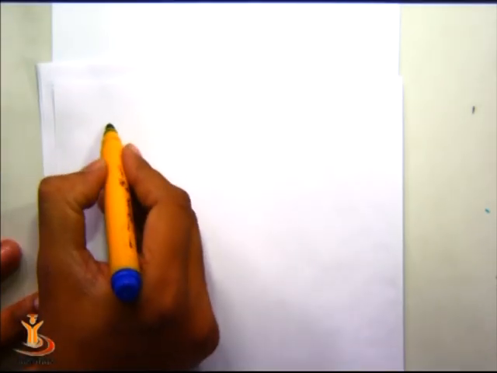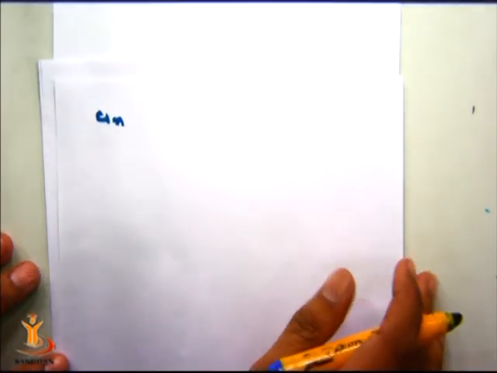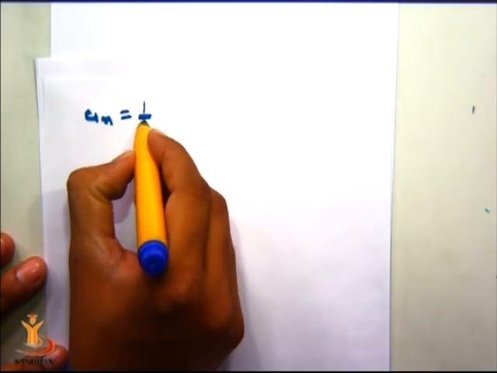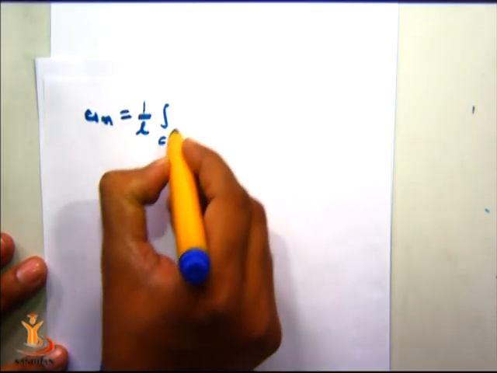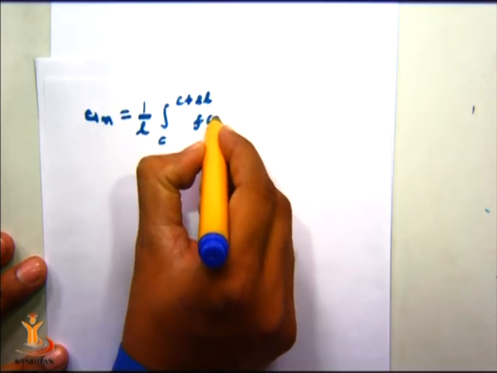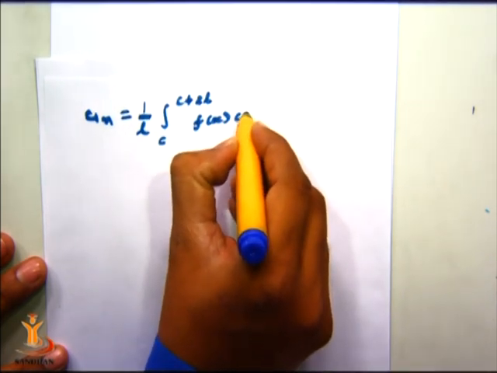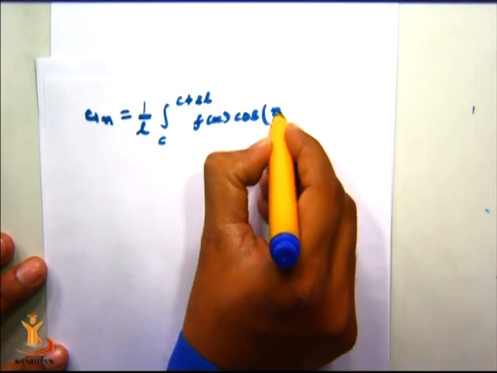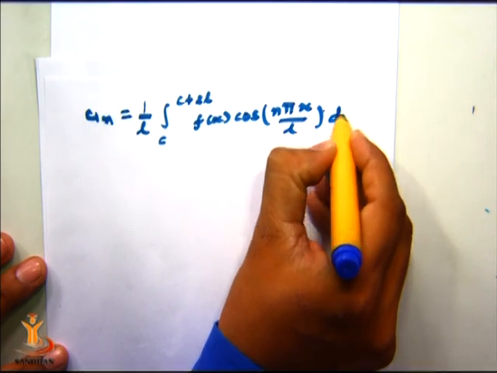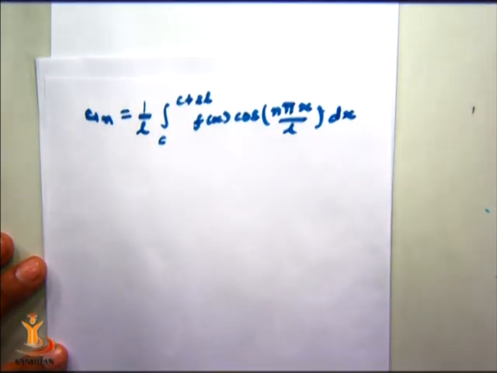So now let's find another coefficient an. Its formula is 1 by L integration from c to c plus 2L f of x into cos n pi x by L into dx.